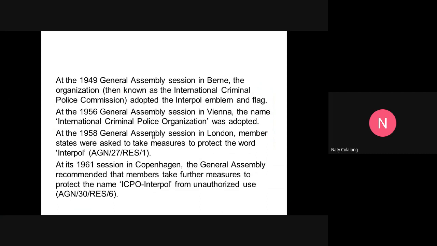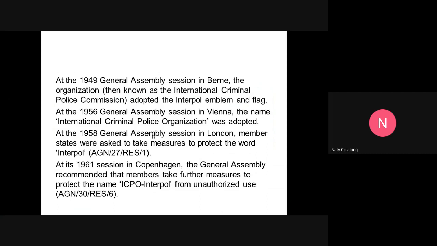At the 1956 General Assembly session in Vienna, the name International Criminal Police Organization was adopted. At the 1958 General Assembly session in London, member states were asked to take measures to protect the word Interpol.